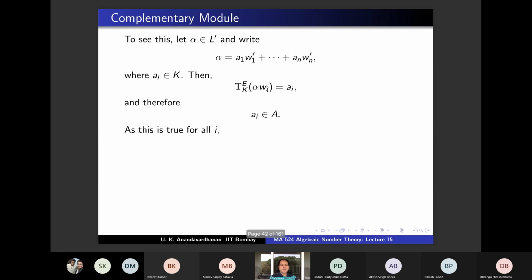So you have shown that alpha belongs to Aw1 prime plus etc. So L prime is contained in this because alpha is in L prime. Clear? So that is just applying the trace, nothing else.